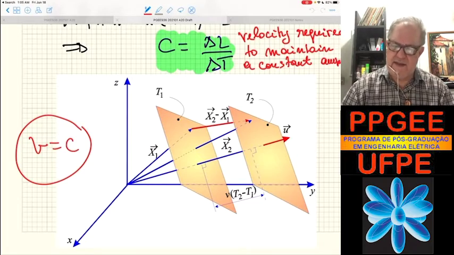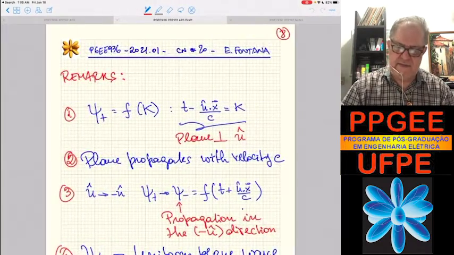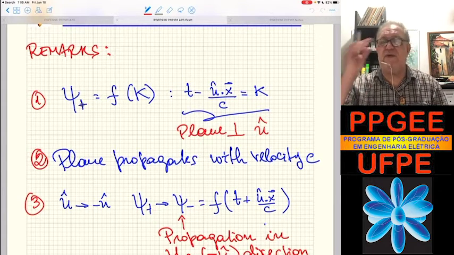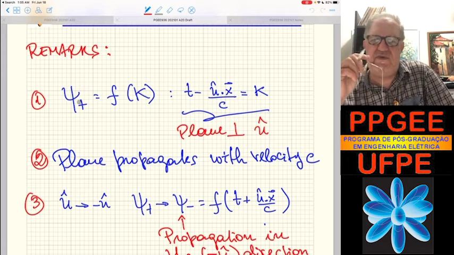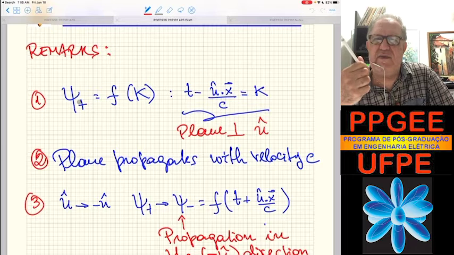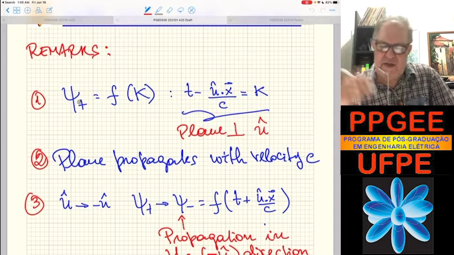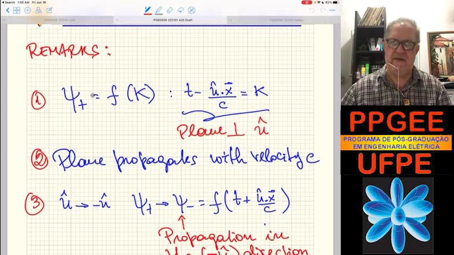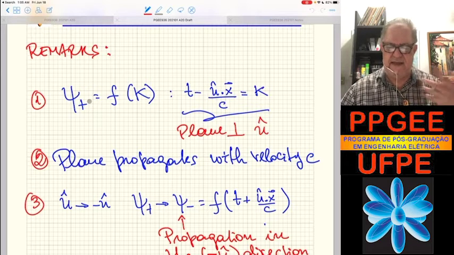Let's do some remarks here, which are very important. Well, we have obtained one type of solution we call psi plus, even though we don't need it, in fact, because we use vectors, and vectors point to the direction where things will happen. But let's do that difference now, then we are going to get familiar with the notation, and then we are not going to need that anymore.